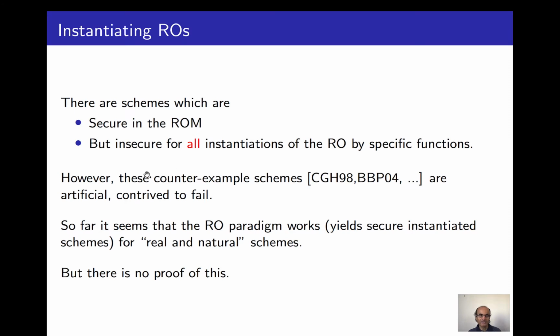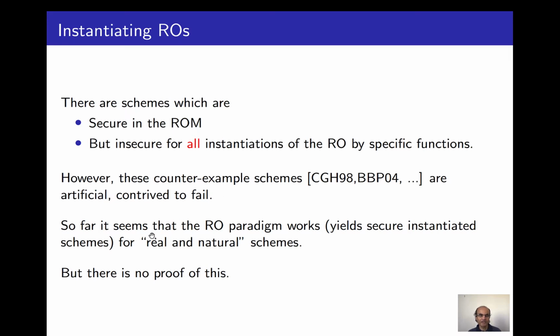However, if one looks at these counterexample schemes in the literature, they tend to be artificial, meaning they're somehow created in contrived ways to fail. And the way that's done, roughly, is that descriptions of the hash function used in the instantiation can be passed back to the scheme, and the scheme can recognize them by running the description and somehow start doing weird things when that happens.